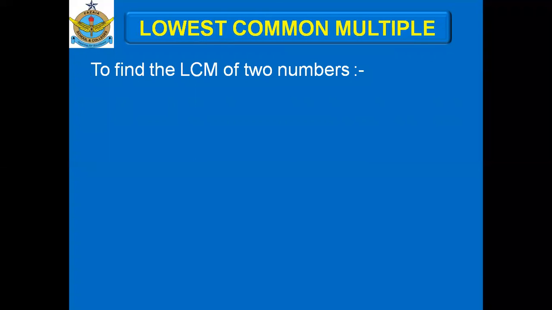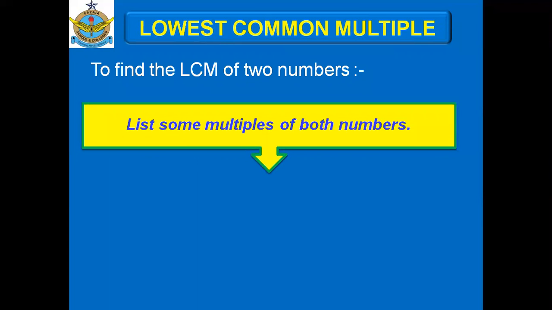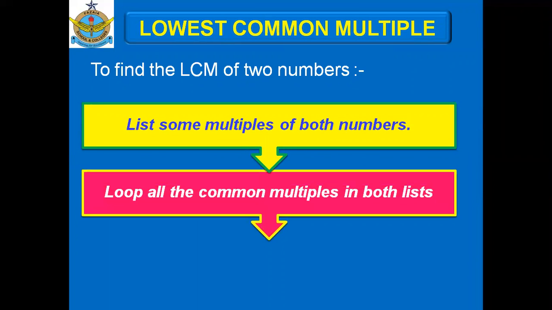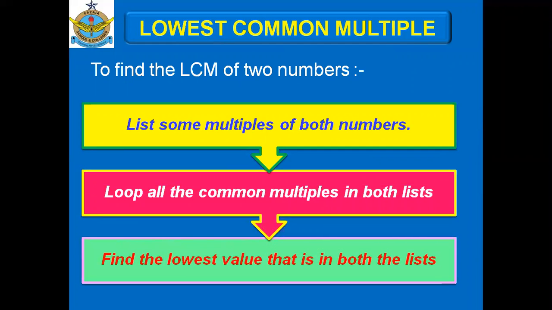Now here is how to find the LCM of two numbers. These steps are very important, so listen carefully. The first step is to list some multiples of both numbers. The second is to look for all the common multiples in both lists. The third is to find the lowest value that is in both lists.